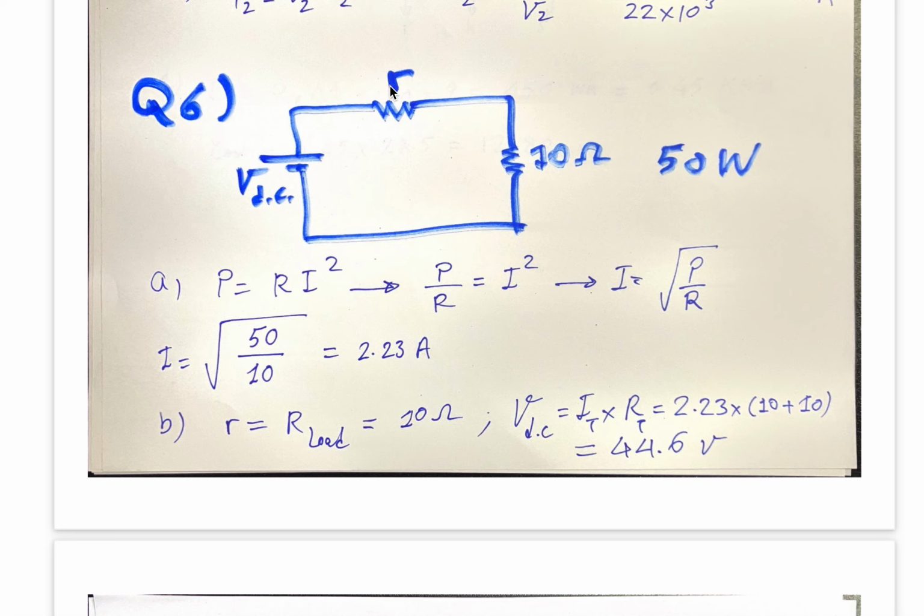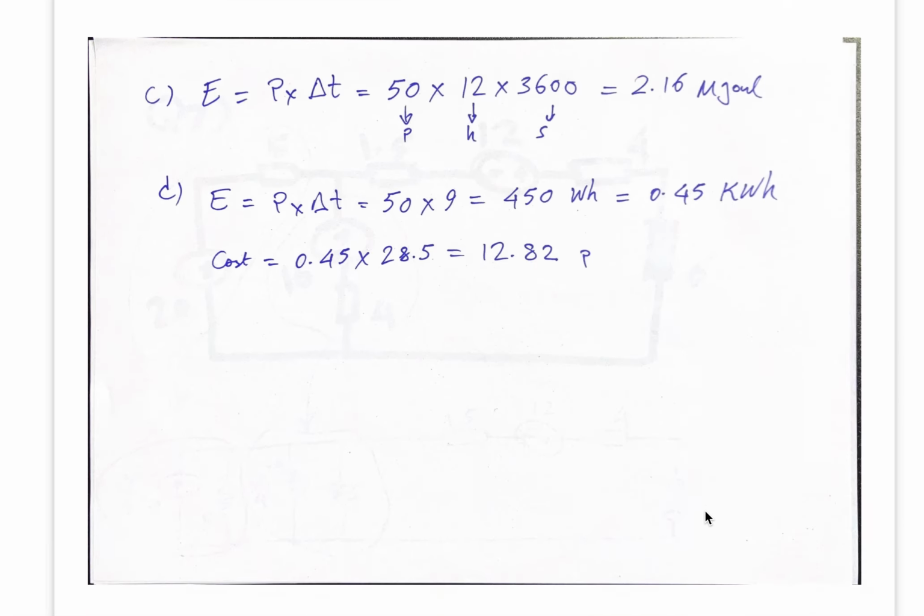Now this is 10 ohm, this is 10 ohm, and we know also the current here from section A. Now we should find what this voltage is. So voltage equals total current multiplied by total resistance. Total current is 2.23, what you got in section A. And R total is the summation of these two, because they are connected in series, 10 plus 10. And you get 44.6 volt.